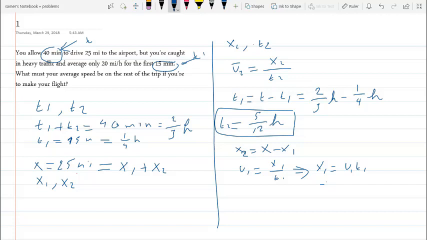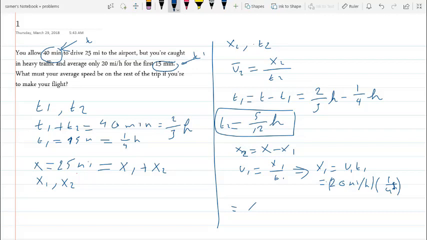v1 is 20 miles per hour times t1, which is 1/4 hours.